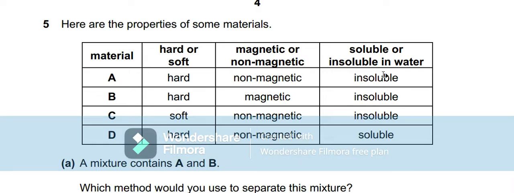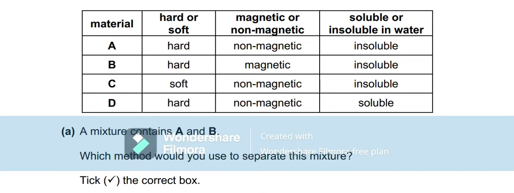The last column is telling us whether it's soluble or insoluble. Soluble, as we said before, simply means that it dissolves. If it does not dissolve, then it's insoluble. That is the information that we have been given concerning materials A, B, C and D.